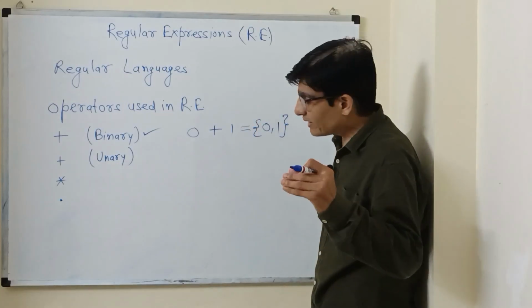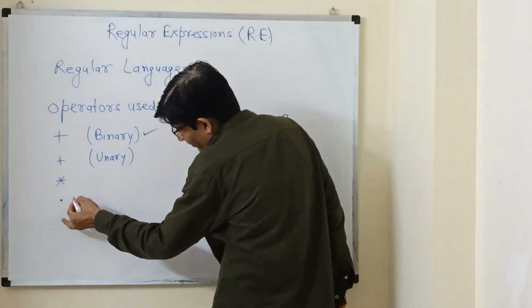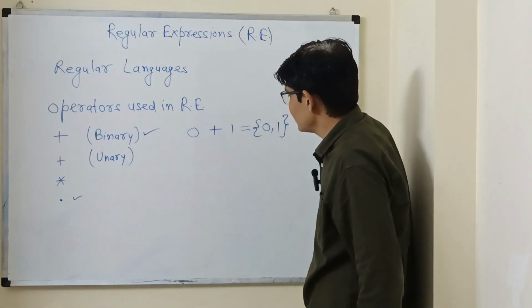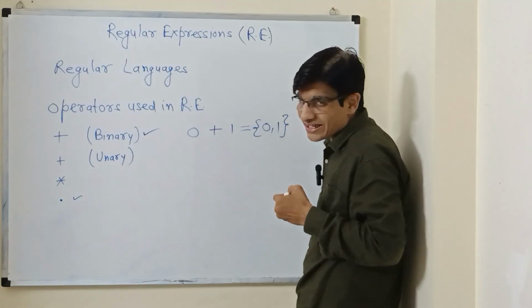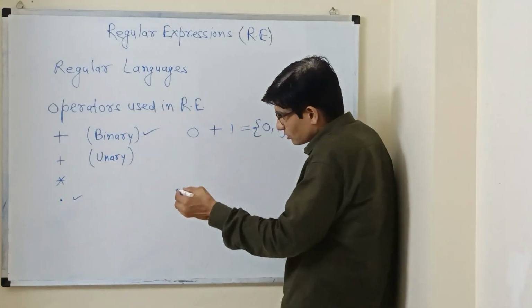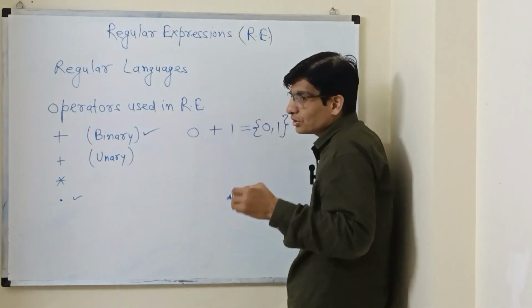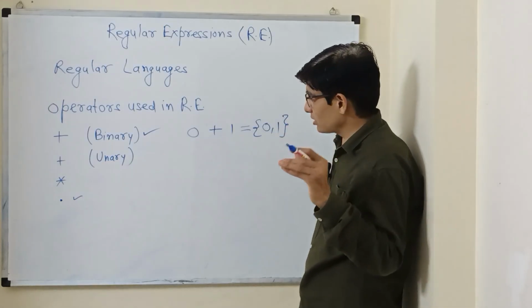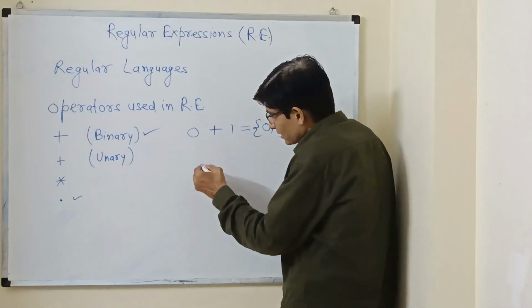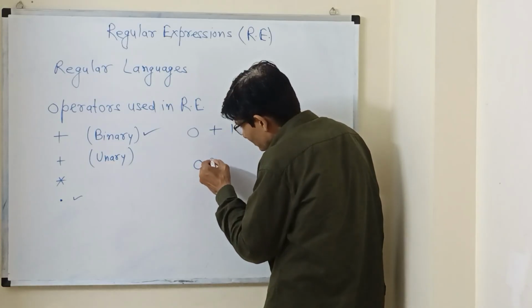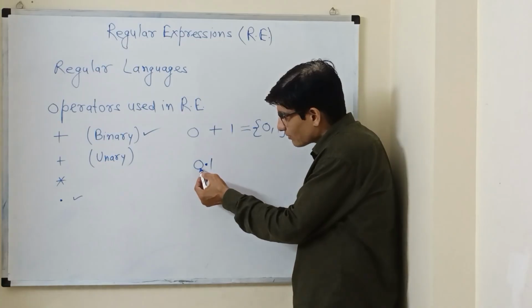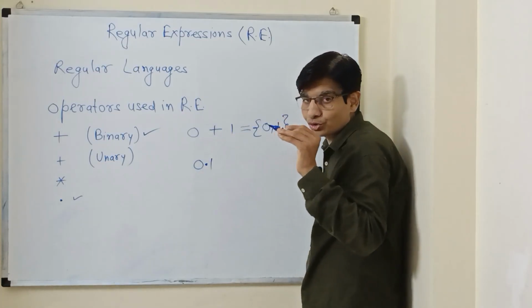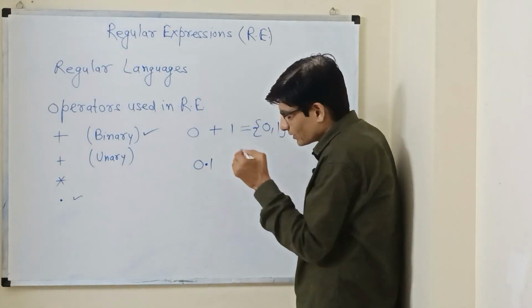Now we will take the dot operator. As we used binary plus to represent choice between two symbols, we use dot to connect two symbols, like 0.1. That means the string must have 0 and 1 both together.